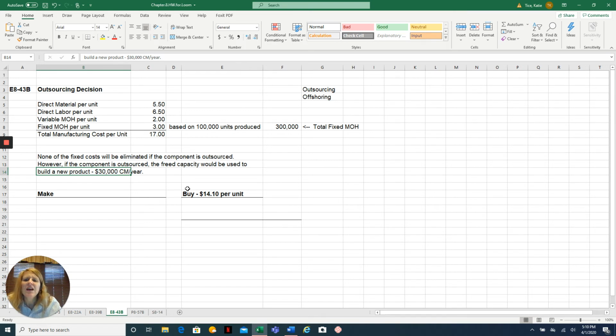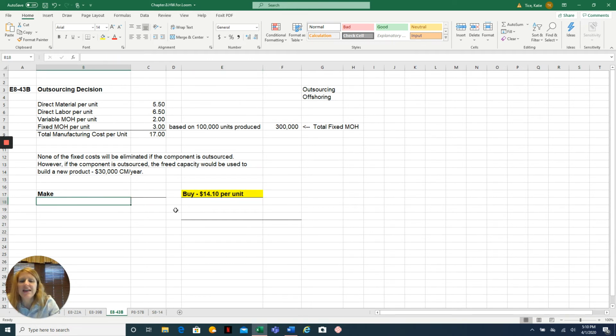So what I would do in these problems is just compare what our total costs to make are, and then what our total costs to buy are. As you'll notice in the problem, it says if we outsource the manufacturing of the component. So if we decide to buy the component, will operating income increase or decrease, and by how much? So let's see.